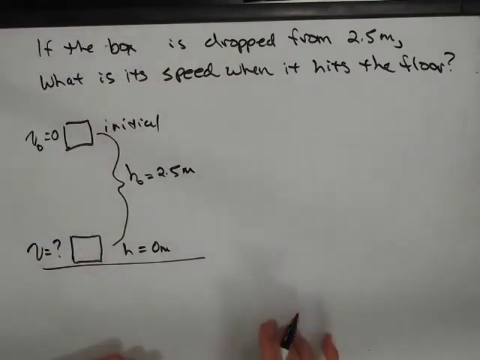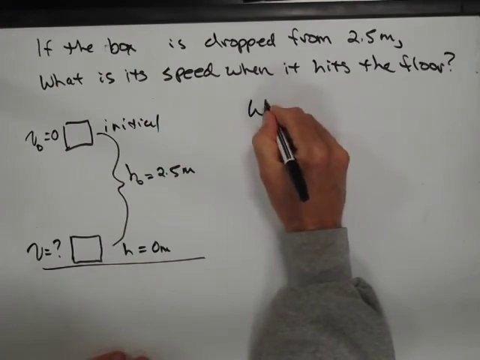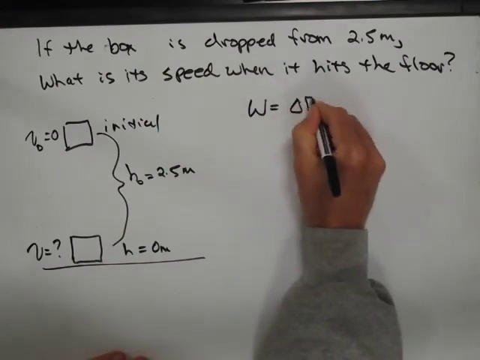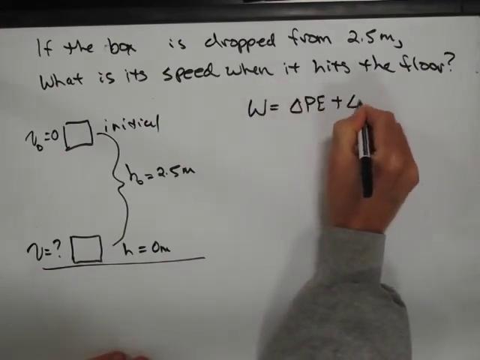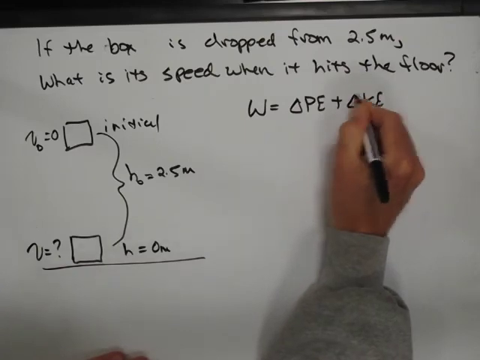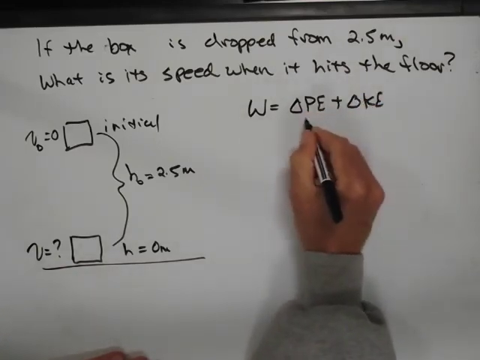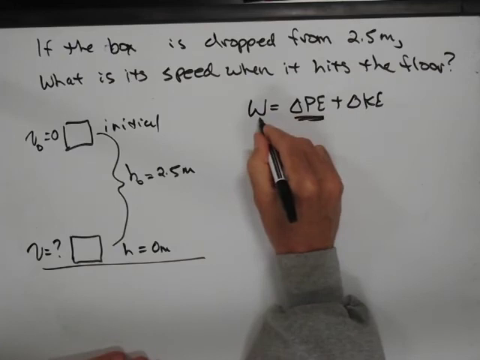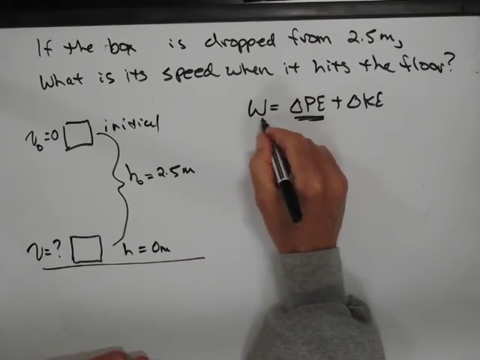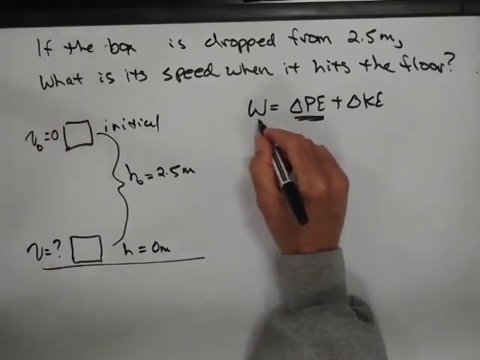Right? And so I can say, look, the work is equal to the change in potential energy plus the change in kinetic energy. Well, I don't have to worry about the work due to gravity, because that's in here. This is all other forces besides gravity, all what we call non-conservative forces like me or anything else. But there are no forces doing work over here, because all I do is release it.